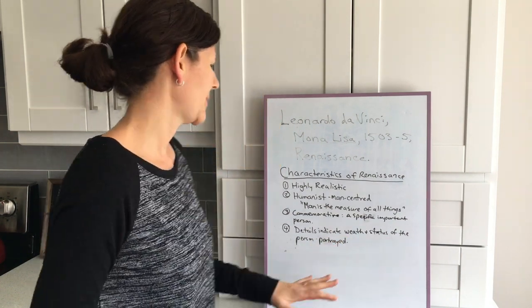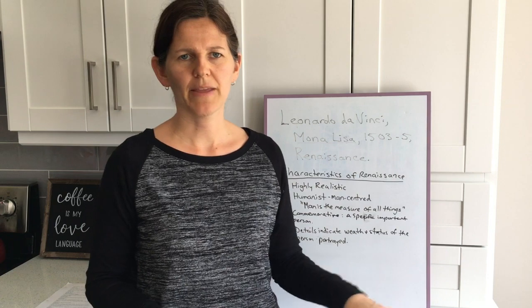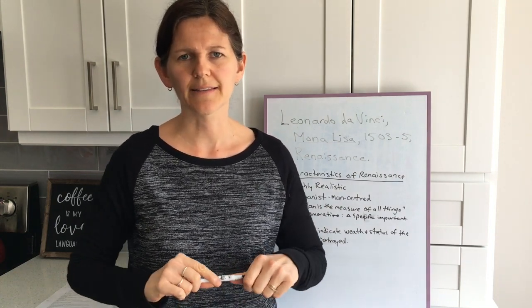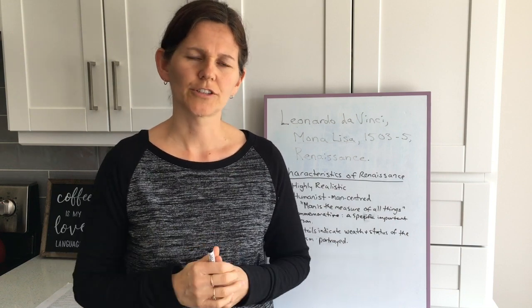Now, painting poor people was not a thing back then in the Renaissance. We're only painting those wealthy merchants, those important scientists, often the leaders of the church as well.